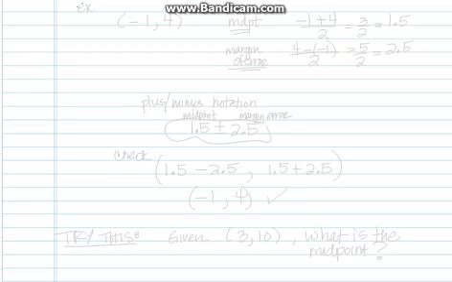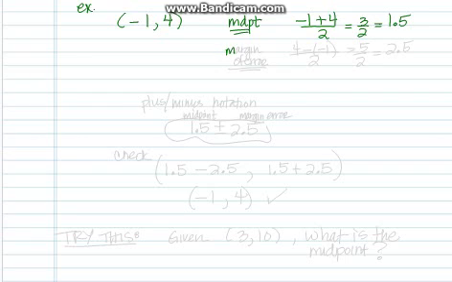We'll try one more here. If we're looking at this interval from -1 to 4, again, you could draw it and try and see where the middle is, but it's not always so exact. So for this example, if I want to find the midpoint, I'll look at the average. So I take -1 plus 4, divide by 2. That's 3 over 2, or we could even say 1 1/2.